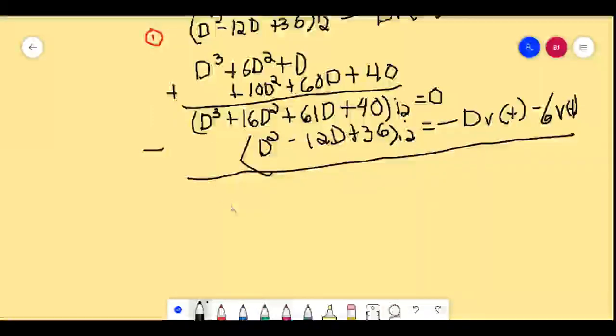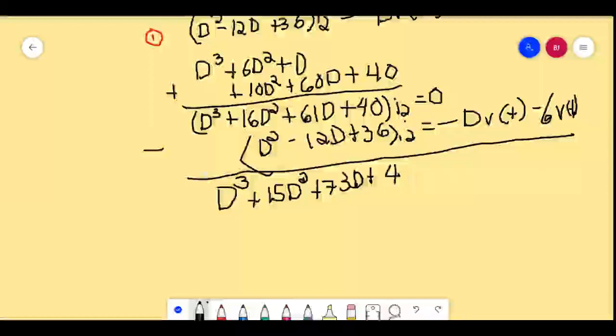So this would be d cubed. 16 minus 1d would be 15 d squared. 61 minus 12, negative 12 where? So this would be plus, so this would be 73d.